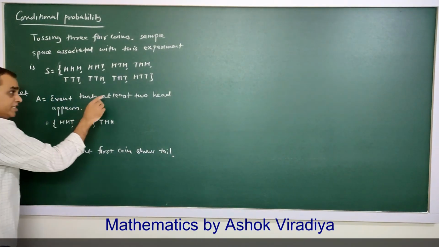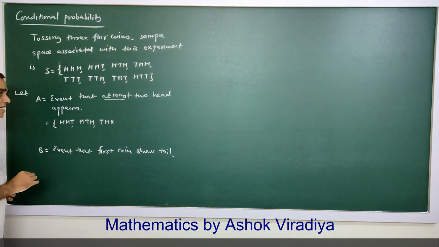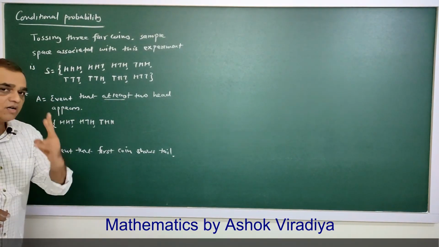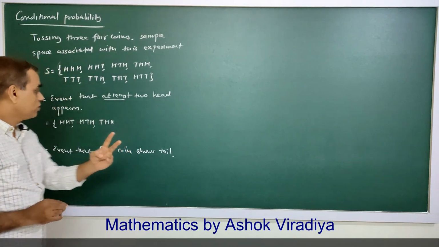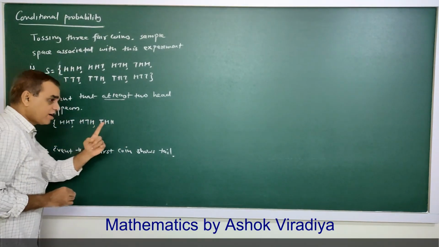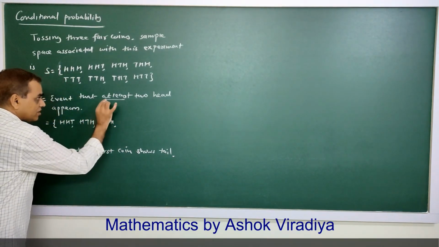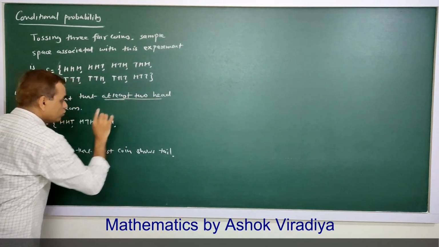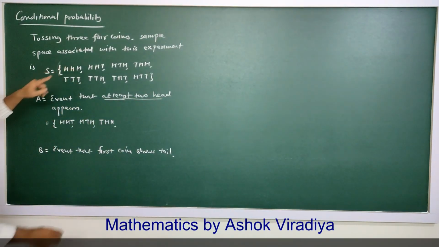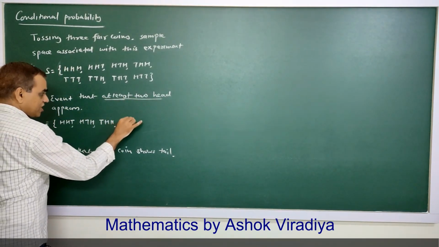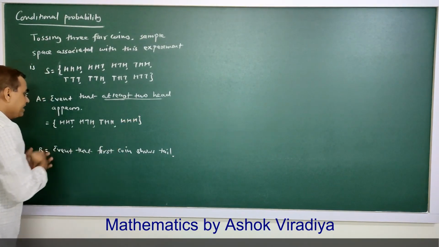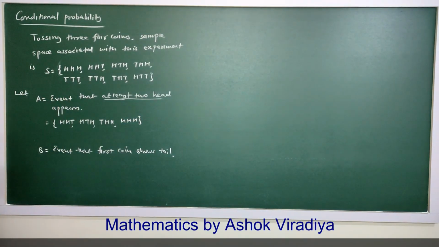Sorry, at least 2 heads means 2 or more than 2. So 2 heads or 3 heads, because I have taken at least 2 heads. Here it is 3 heads, HHH. So these are entries related to the words at least 2 heads.